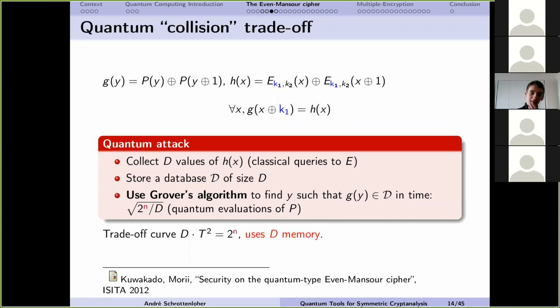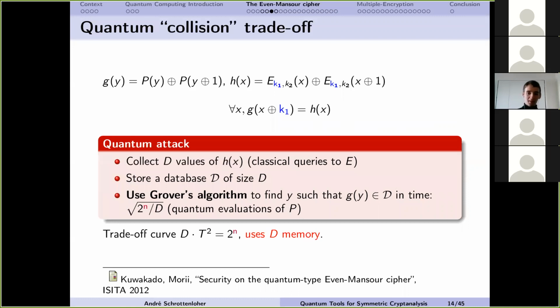So in the first step, as I said, we are collecting many classical queries to E. And in the second step, looking for a collision on these queries. And the second step is simply a search, right, an exhaustive search among all the queries that we're making for some of them having a collision.